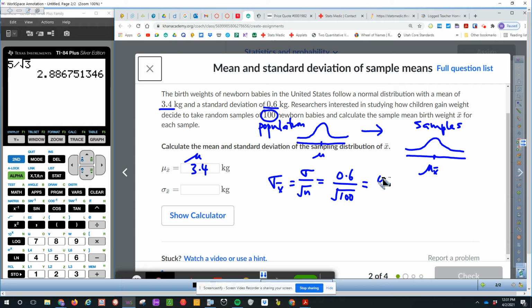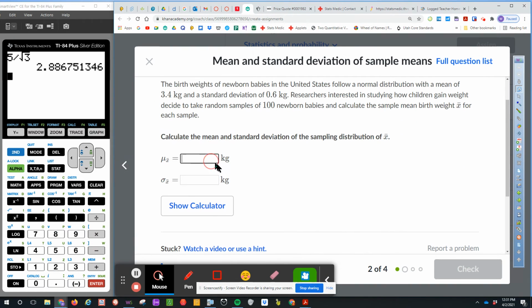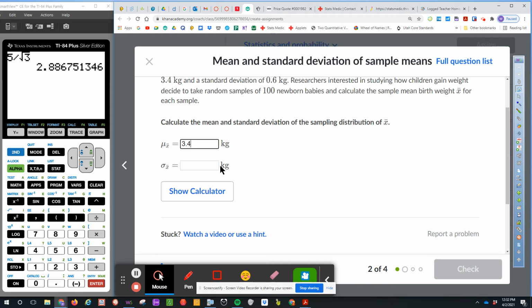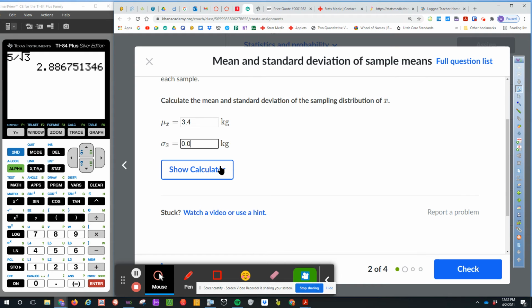We know that the square root of 100 is 10, and if you divide anything by 10, you're moving the decimal one place to the left. So it's 0.06. So 3.4 and 0.06. The mean is 3.4, and the second one is 0.06.